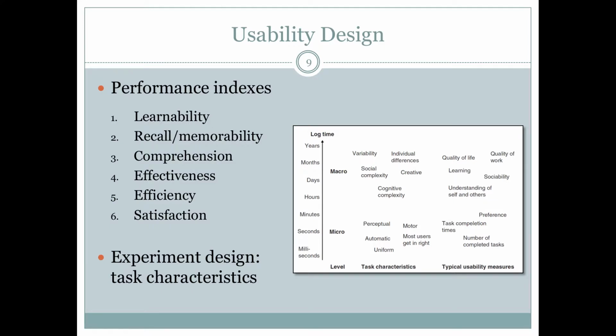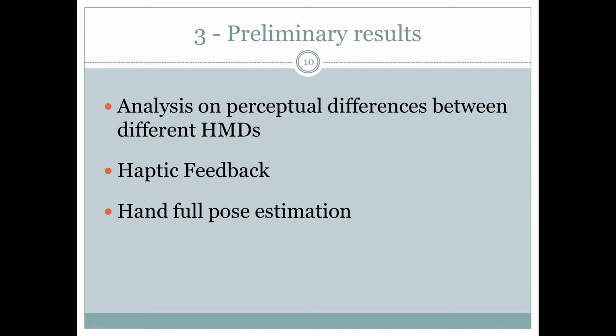If we want to see higher-level cognitive aspects of augmented reality use, then we have to have more complex tasks and devise complex experiments which, for example, are repeated over time to see if the memorability of the interface is good enough.